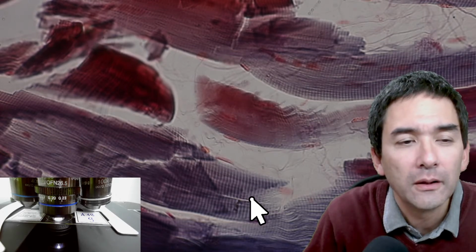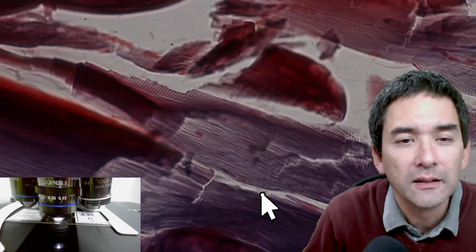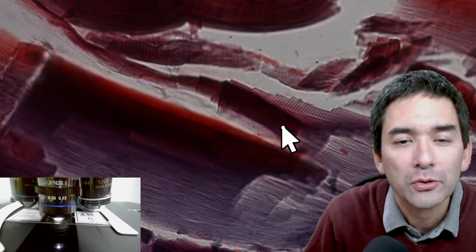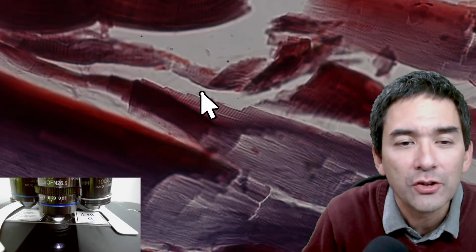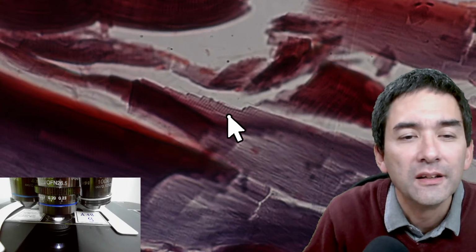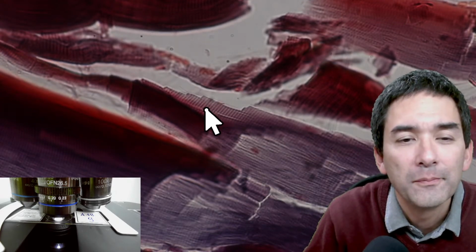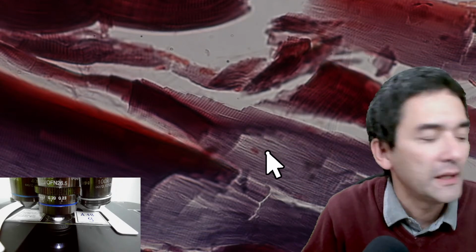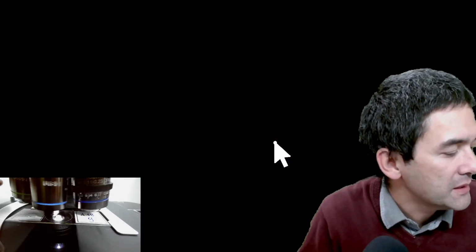If you have a slide like this, it is a little bit of a microscope check if your microscope is able to resolve those tiny striations. And here you see it again. So that is basically skeletal muscle.